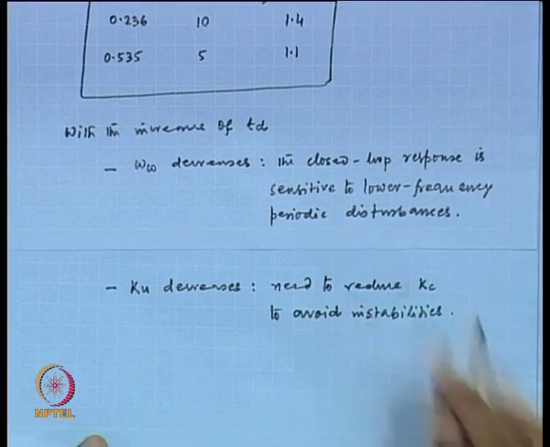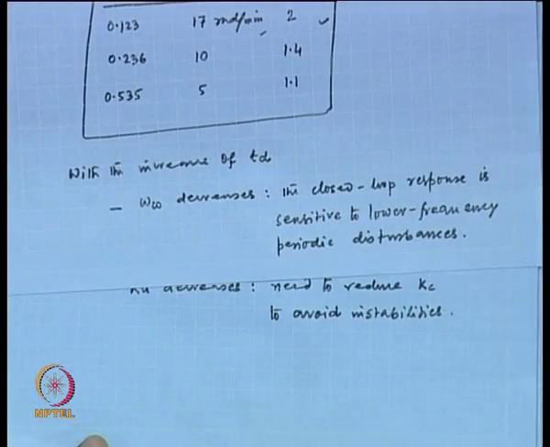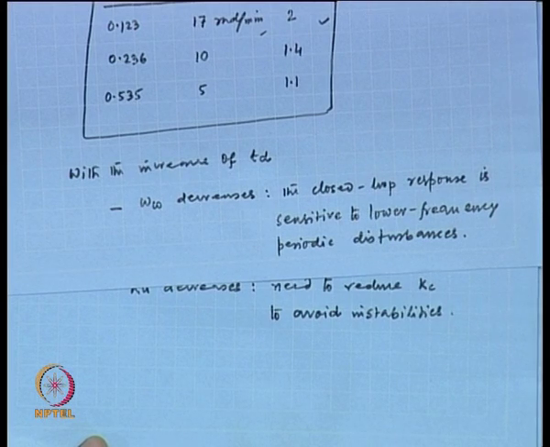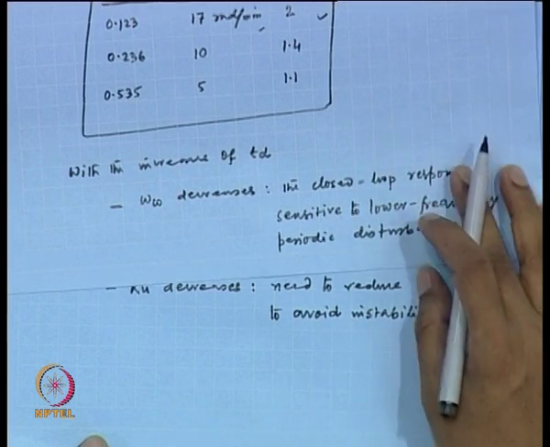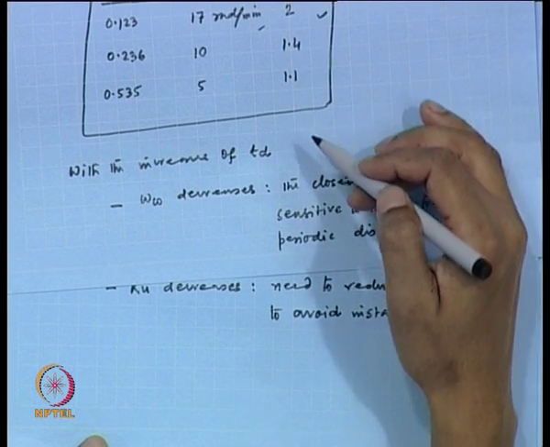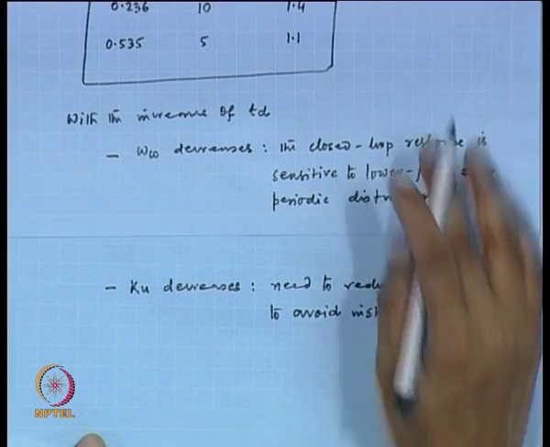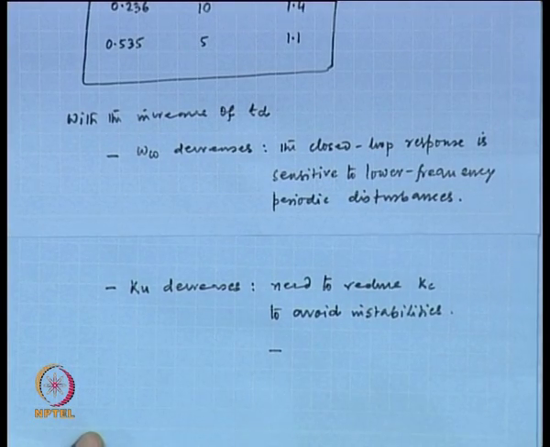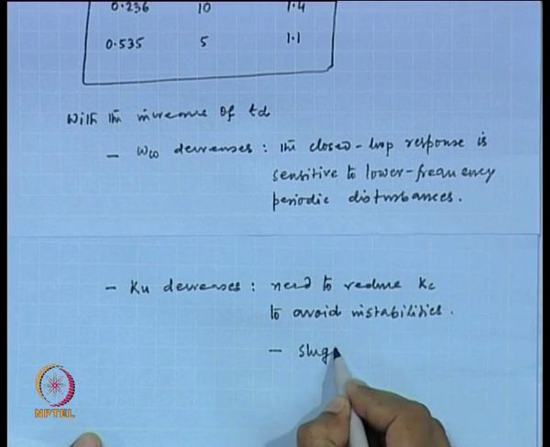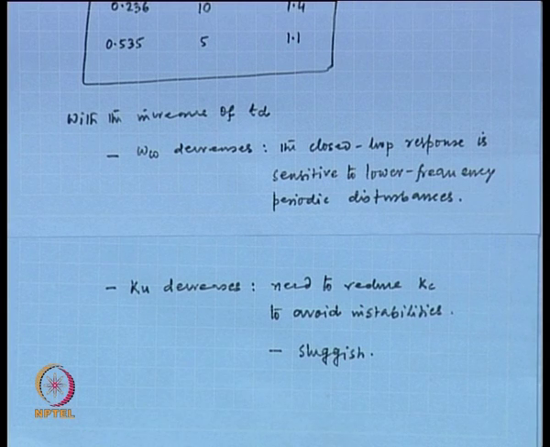Fine, because ultimate gain is the maximum value we can take. So, if Ku decreases, we have to select a lower value. If we select a lower Kc value, then what happens? The response becomes sluggish. If we decrease Kc value, then the closed loop response becomes sluggish.